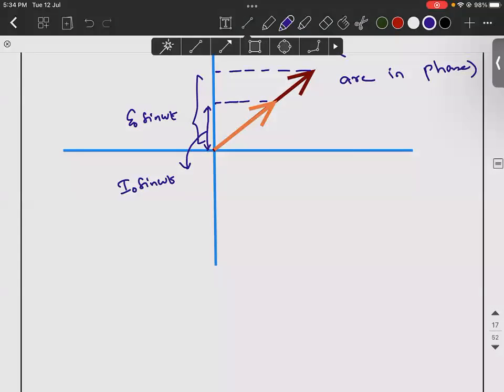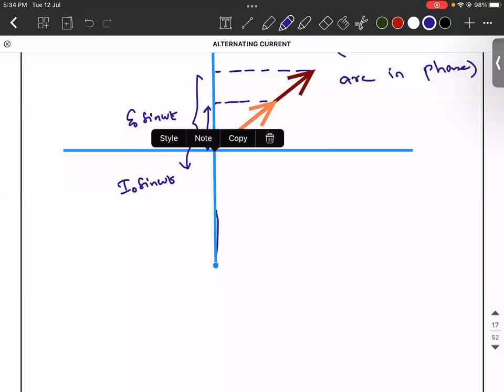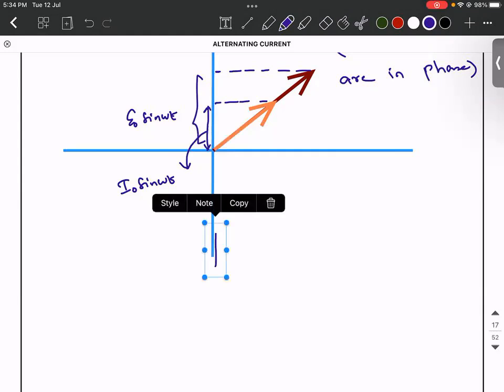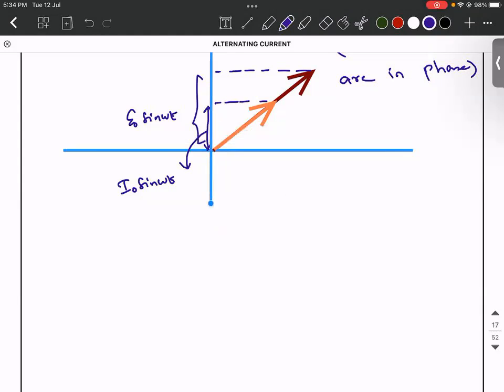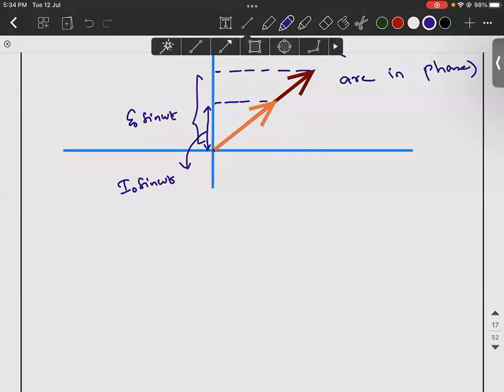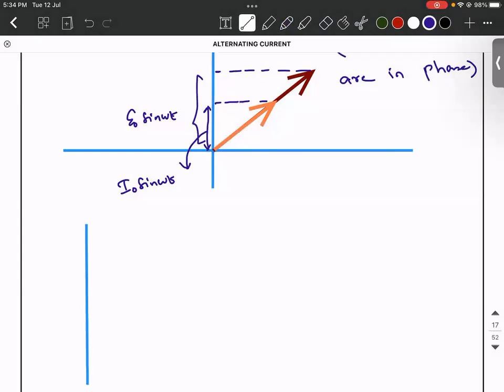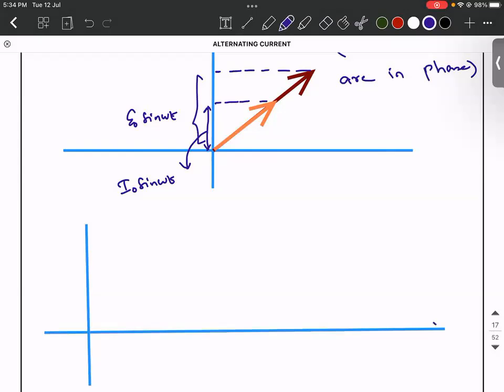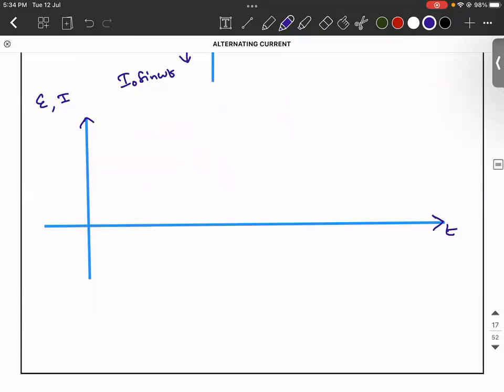When you plot the graph for this scenario, in the graph what you will consider is time on the x-axis and instantaneous EMF and current on the y-axis.